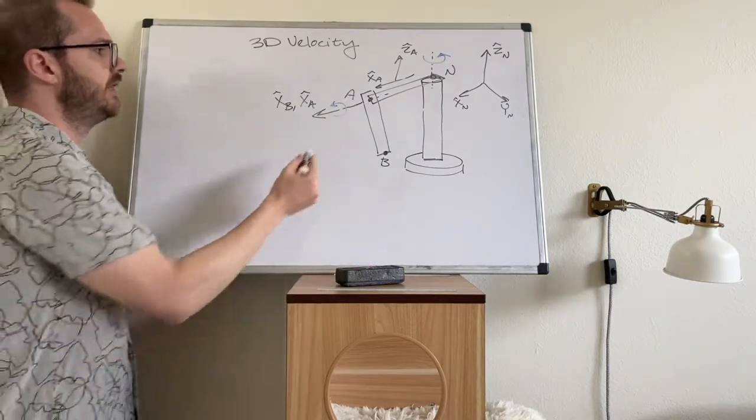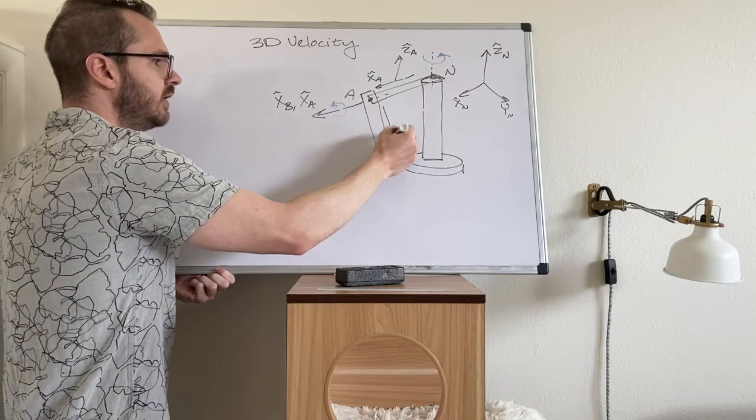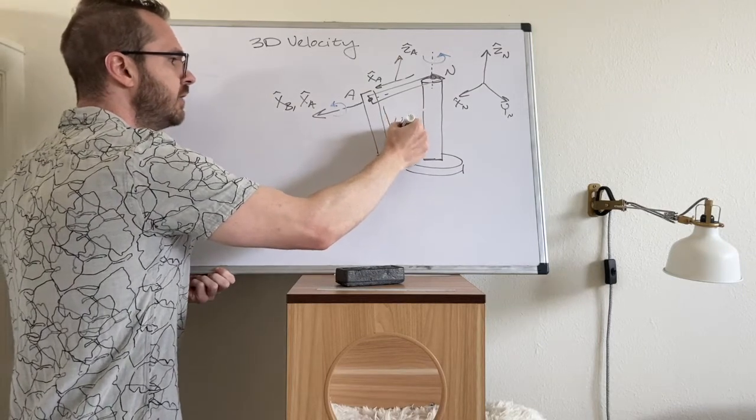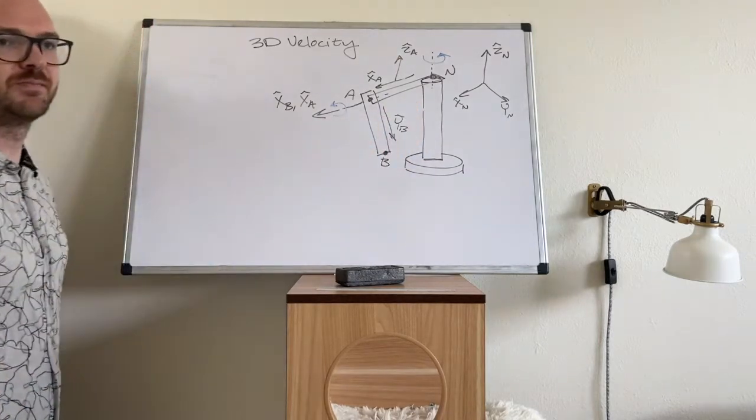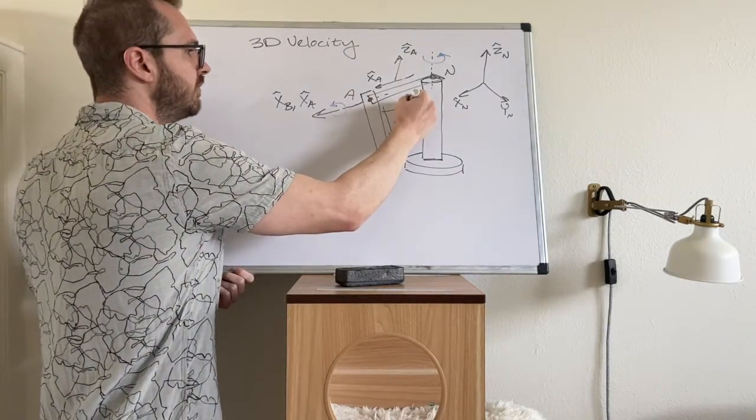So if this is the x-axis, let's define the length now as the yb axis. And then the zb would be coming off of it like that.